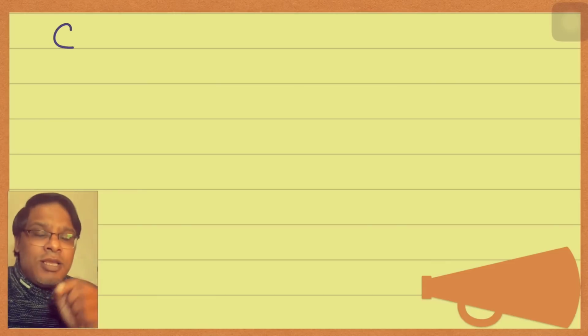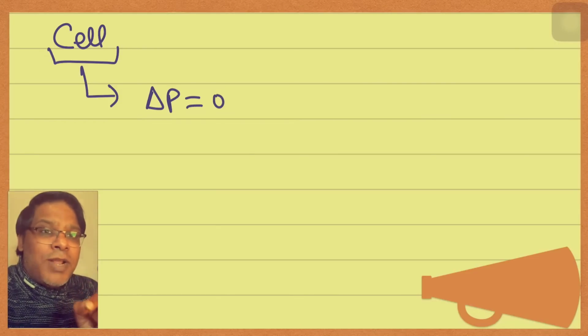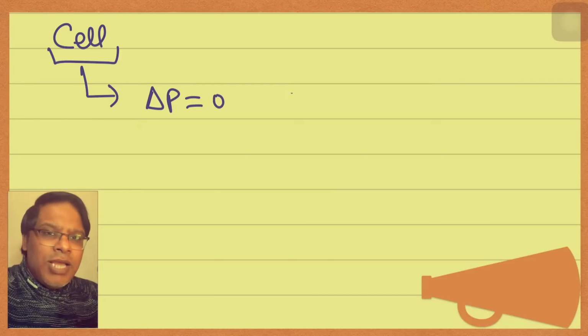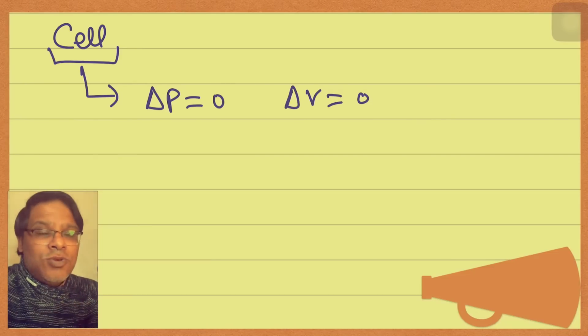Now here keep in mind within the cell we are going to have constant pressure. We are not going to see any change in pressure. So delta P is going to be 0 in the case of the cell. Same way within the cell you are not going to see change in volume. So delta V is also 0.